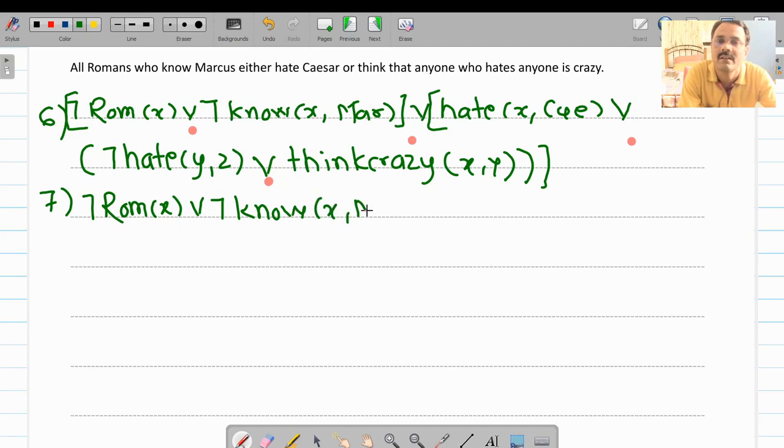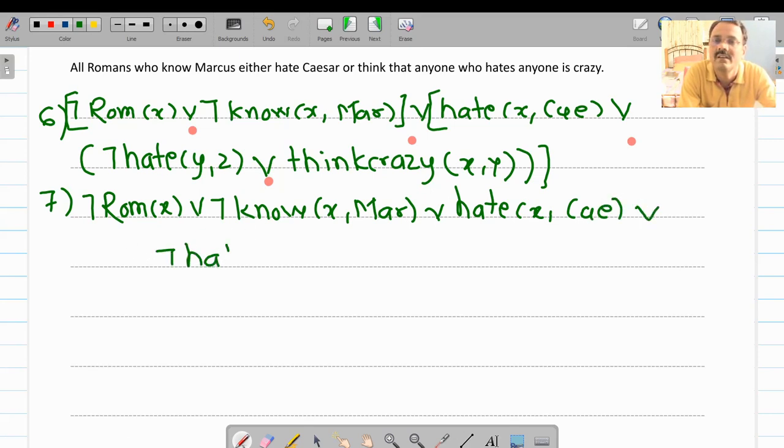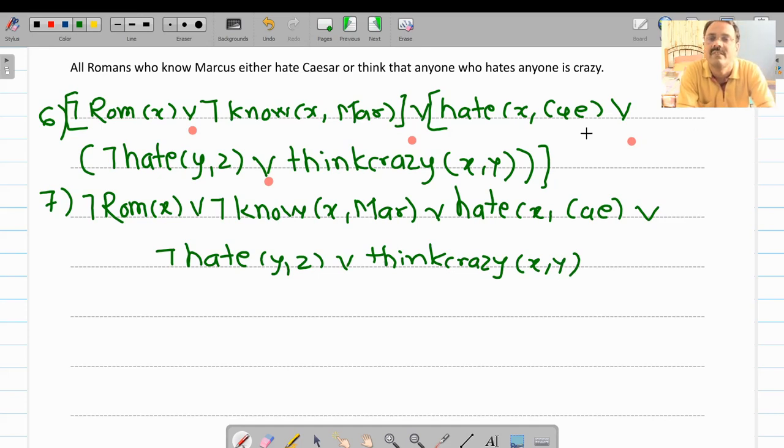Know x Marcus, those brackets are not required, or hate x Caesar, or not hate y comma z, or think crazy x comma y. Since all connectives are OR, you don't need those parentheses. So this is the formula you require in CNF form. This is called conjunctive normal form.